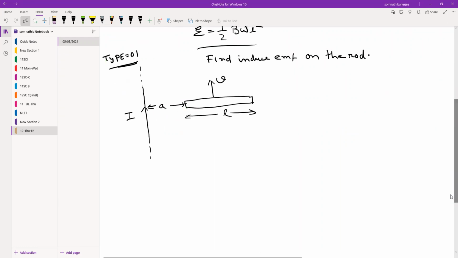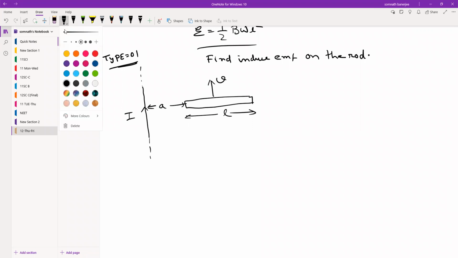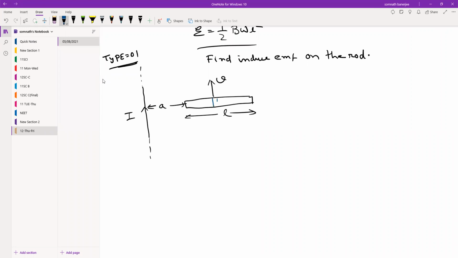See, let a small elementary part dx, which is at a distance x from the wire. For that small elementary part, we know the induced EMF is B dx V. So what is my magnetic field for that infinitely long current carrying conducting wire?